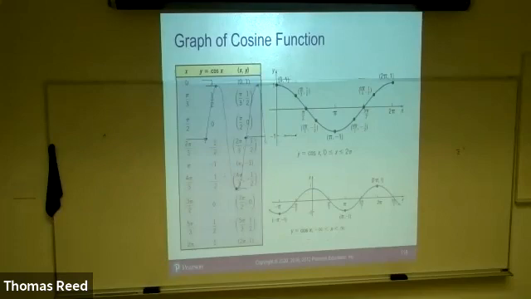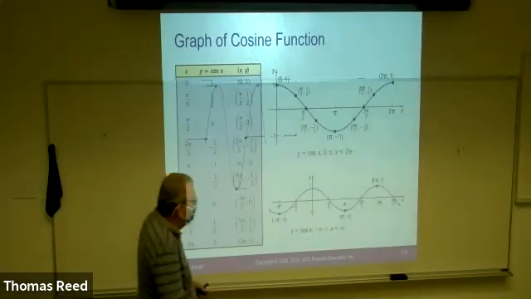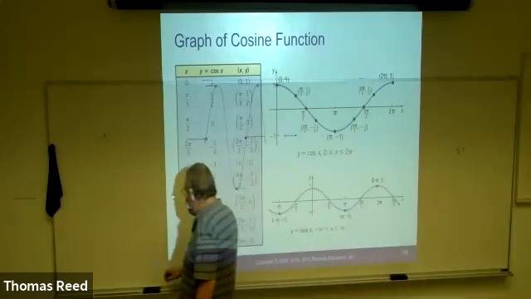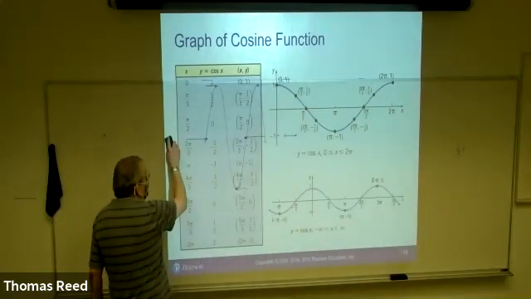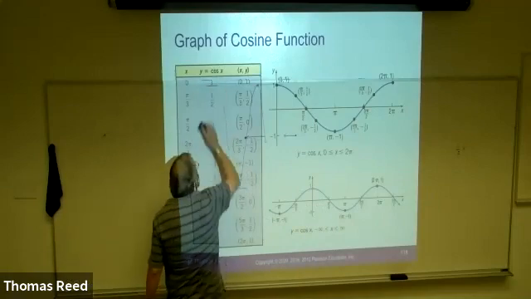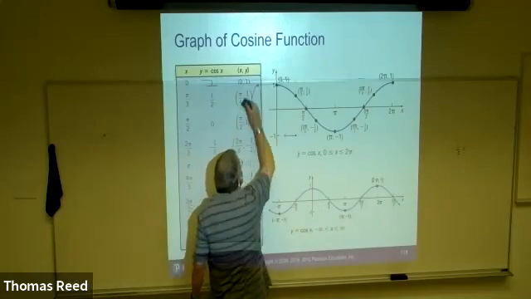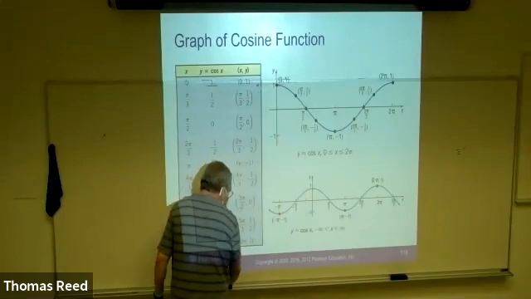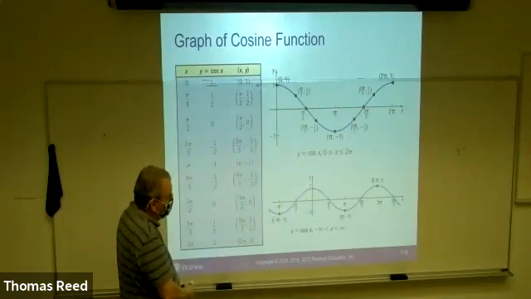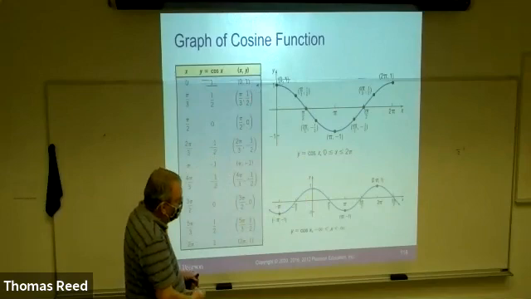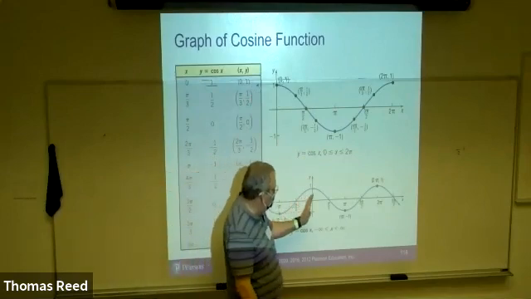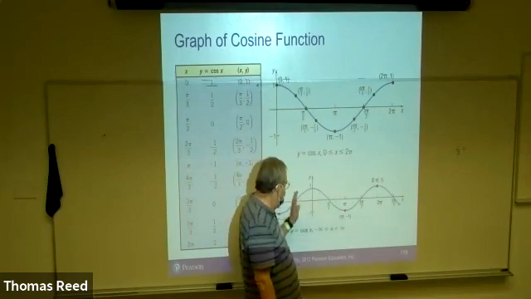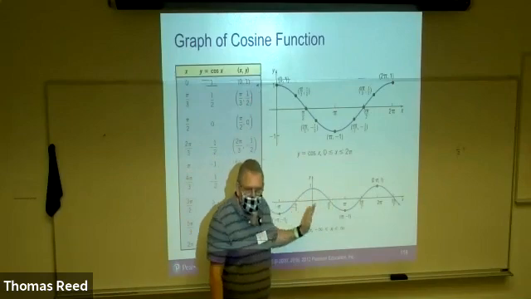Okay. Now the graph of cosine. Please notice that the graph of cosine and the graph of sine look very much alike, very similar. It's just they have different y-intercepts. If I shift this graph half a pi either to the right or to the left, I'll get the sine function.